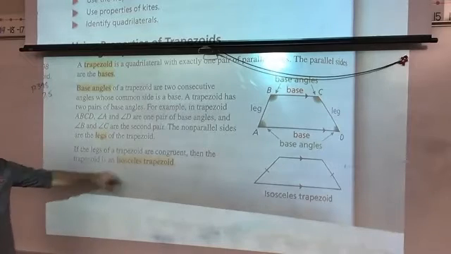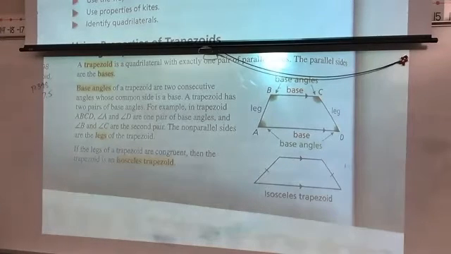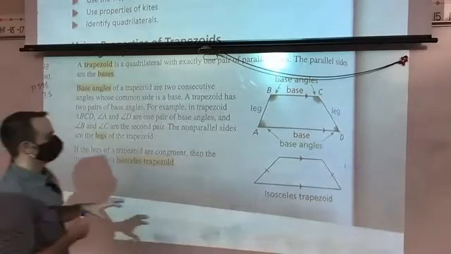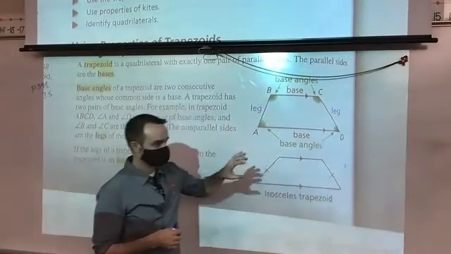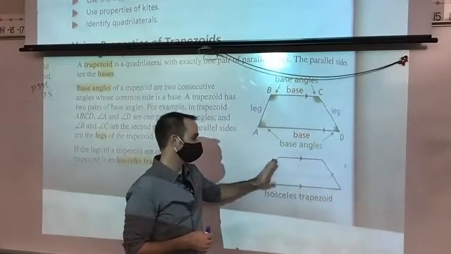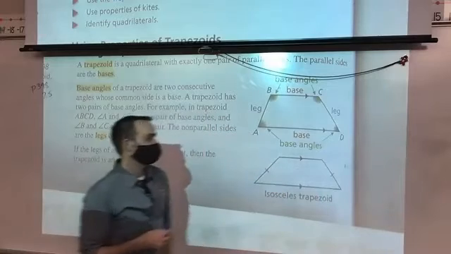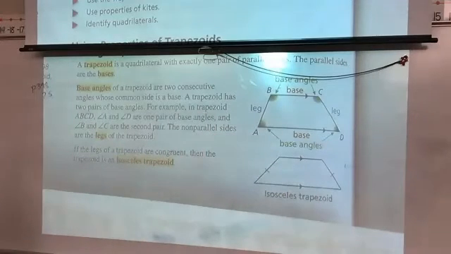So we're talking about an isosceles trapezoid. And what makes an isosceles trapezoid special or specific is the legs are congruent. Okay, so this is not the typical trapezoid. This is a special trapezoid where the legs are congruent.